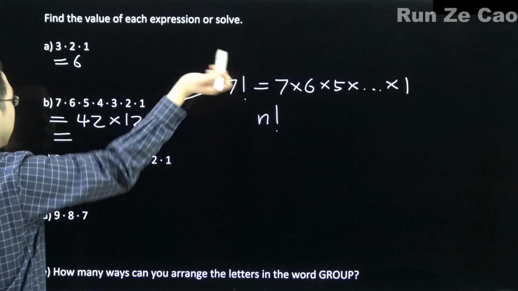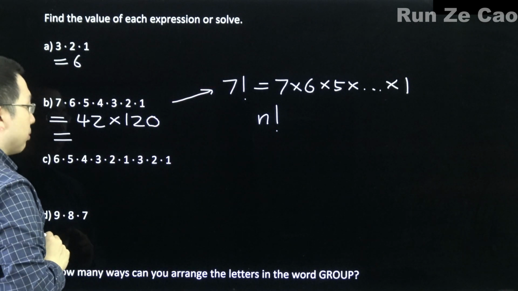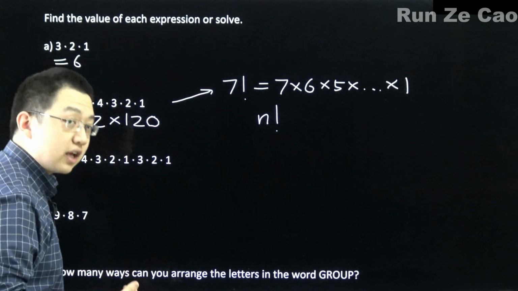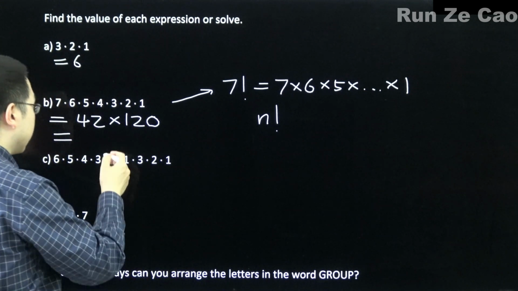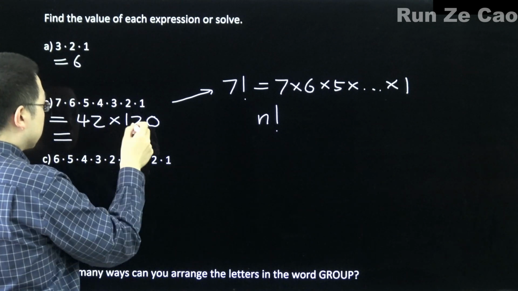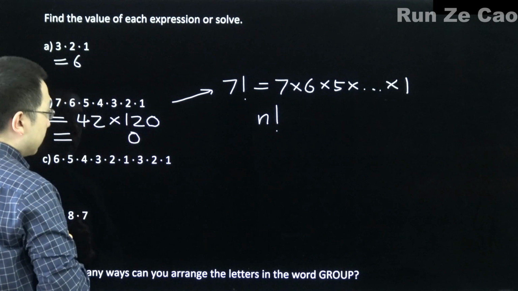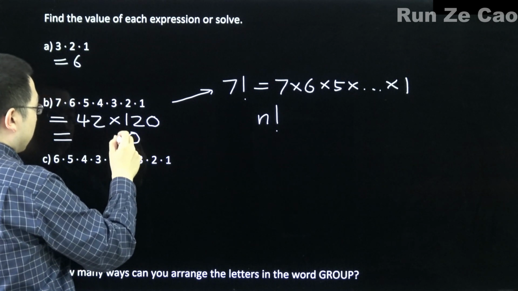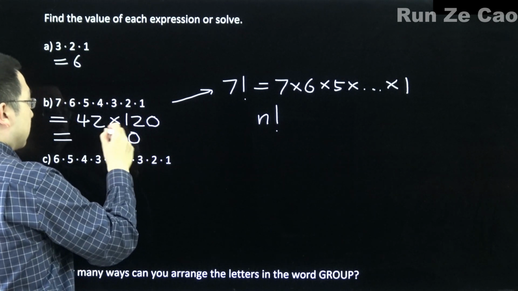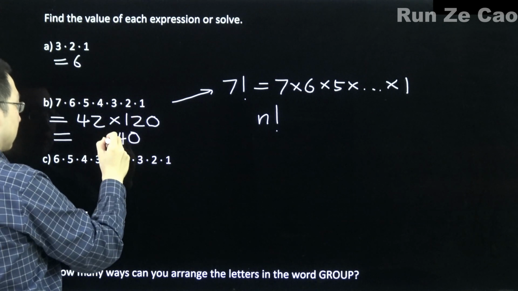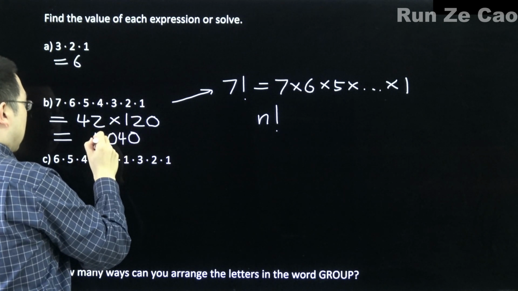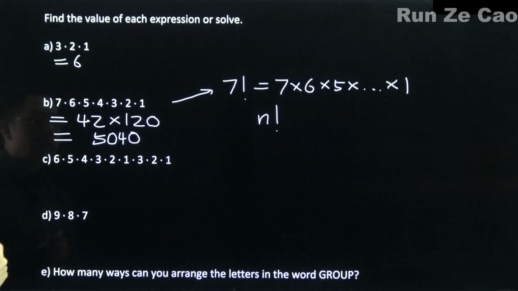But we're trying to avoid using calculators if possible, because there are plenty of occasions, such as contests, where you're not allowed to use calculators. So 2 times 2 is 4, 4 times 2 is 8, so this is going to be 840. And the 1, that comes out to 2, and you carry 1, and you end up with 5040.